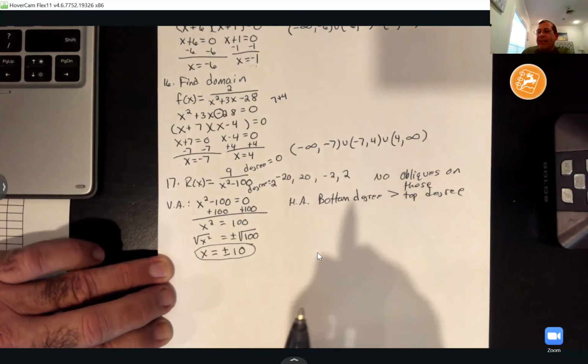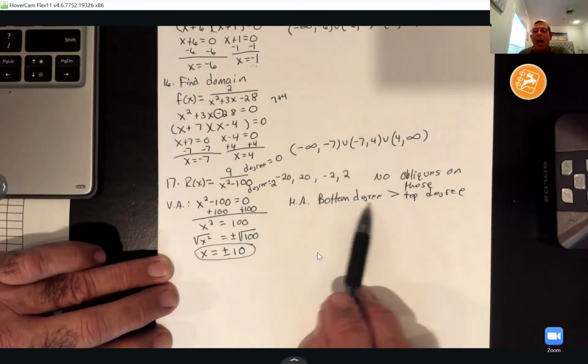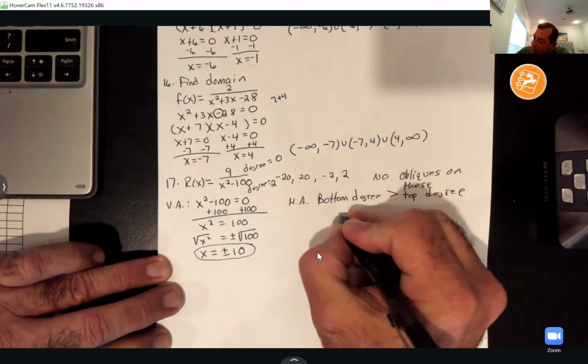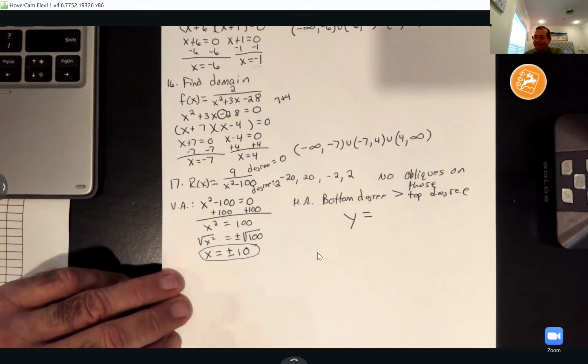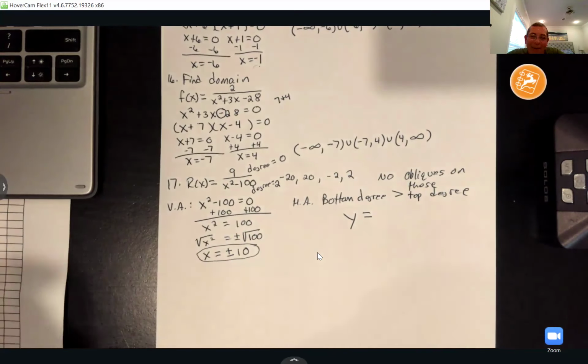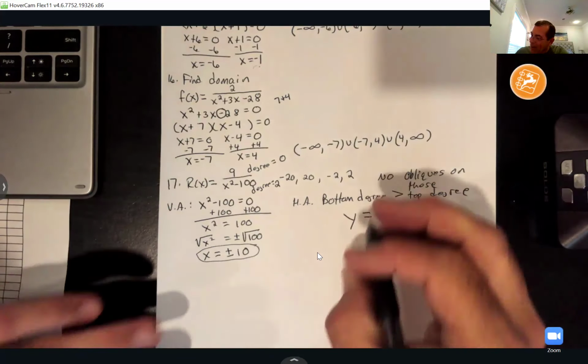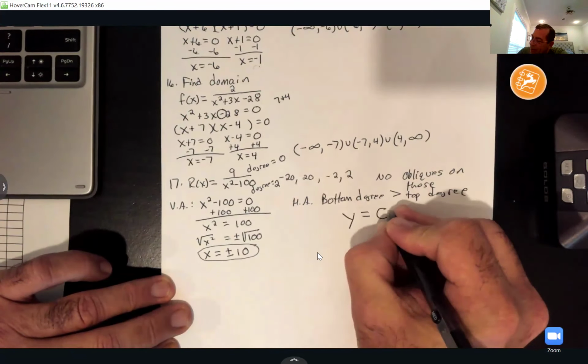So I had 3 cases. What did we say would be the horizontal asymptote if the bottom was bigger than the top? That's going to be y equals what? Uh-oh, got y'all on that one. How about if the bottom's bigger, remember, the numbers are trying to get closer and closer to 0.